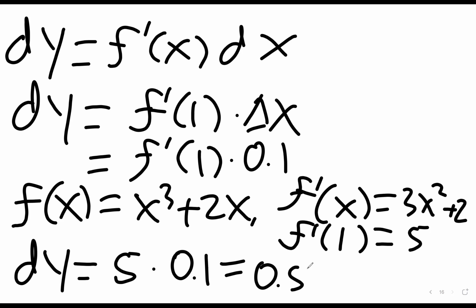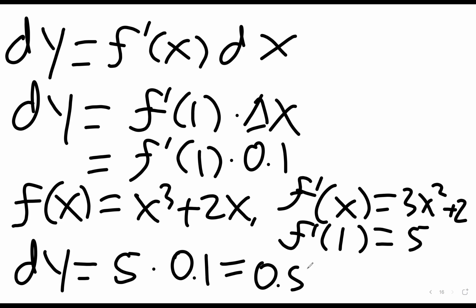So to summarize, delta y is the difference between the value of the function evaluated at x plus delta x and at x, for any given x and delta x. dy is just the approximation of delta y, and that is f prime of x dx, or f prime of x delta x. Once again, x is given, and in this case x is 1, and f of x is x cubed plus 2x.